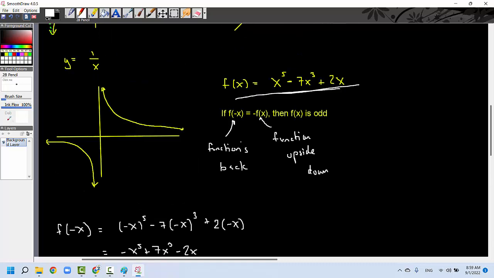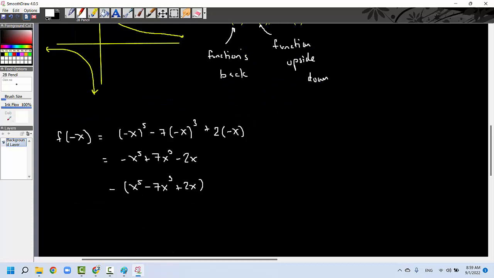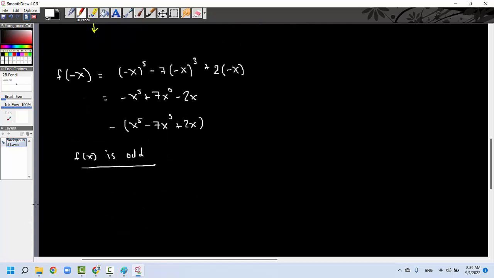So what I have is the original version of the function, but negativized. And because I have the upside down version of the function, I can then say that f of x is odd based on that analysis.